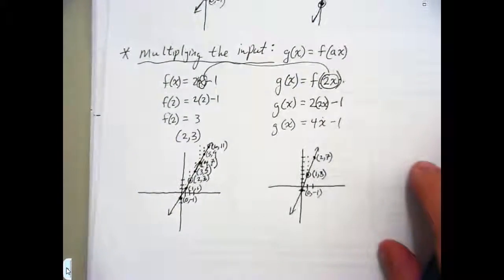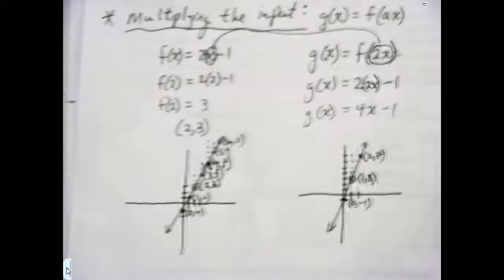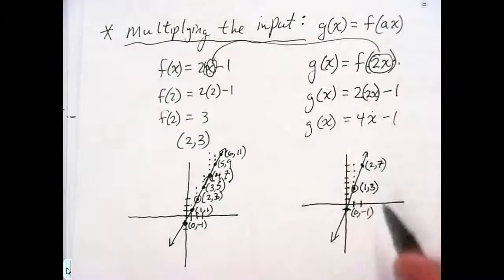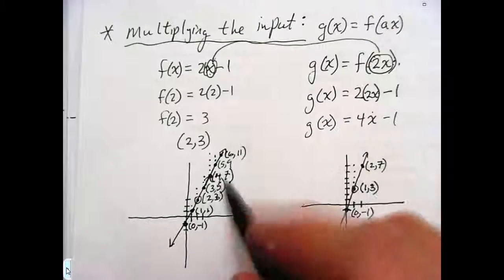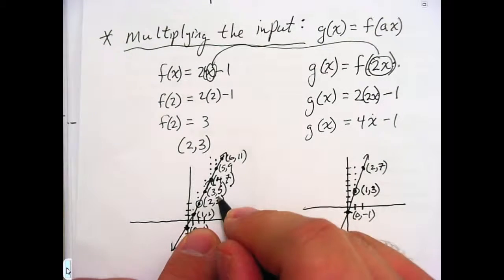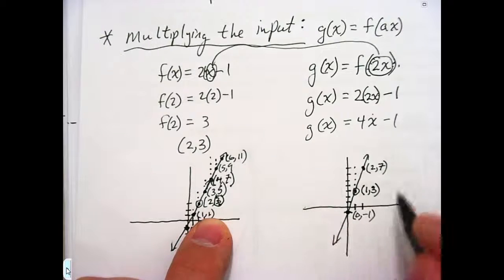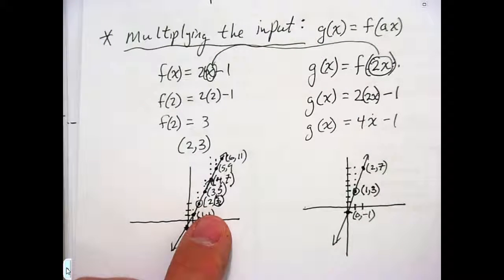So we've almost built a table right there, right? Okay, so we're affecting our input. So when I cut my input, notice this output shouldn't change. This output of 3, when do I get an output of 3 over here? What's my input when my output's 3? 1.